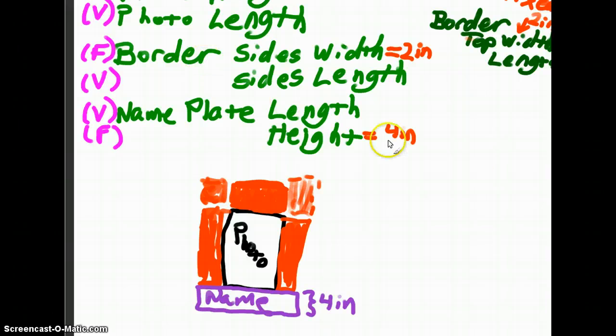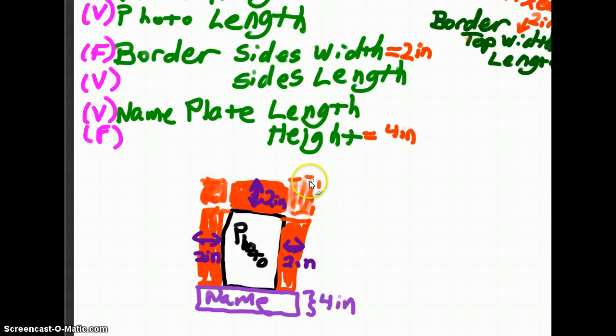I know that in the orange parts, and I'm going to change to a fairly bright color here that you'll be able to see against the orange, in this direction, from here to here, that's going to be 2 inches. We also know that from here to here is also 2 inches, and from here to here is 2 inches.